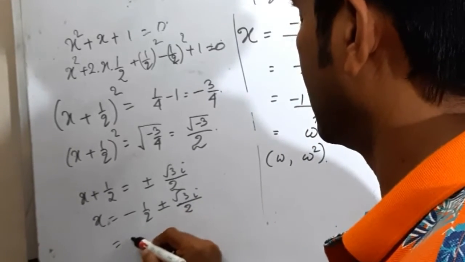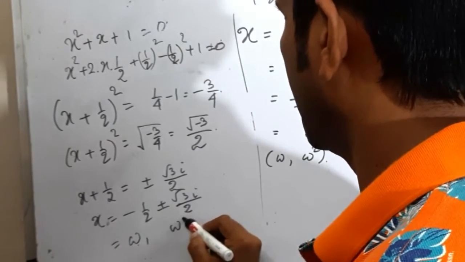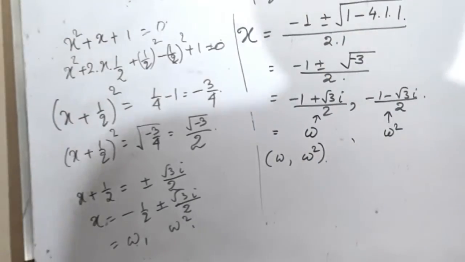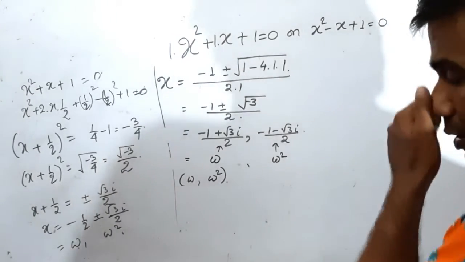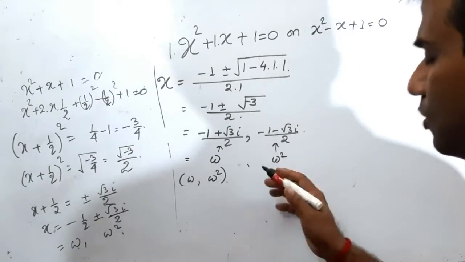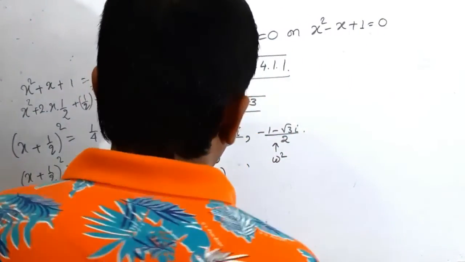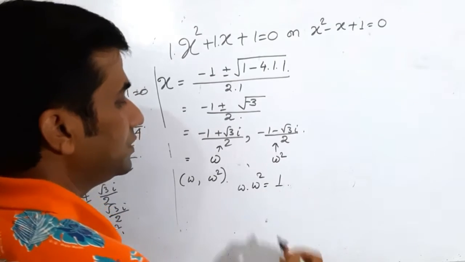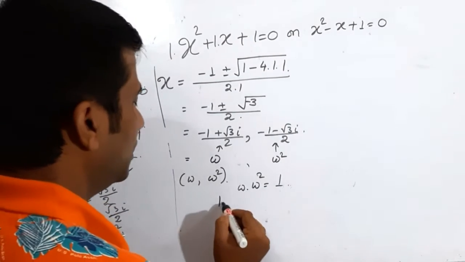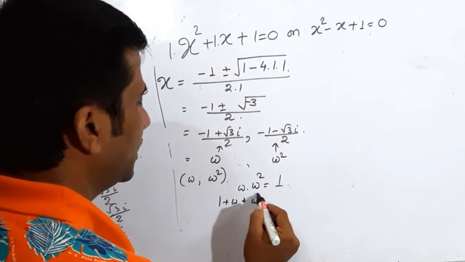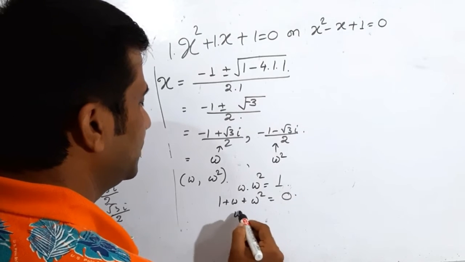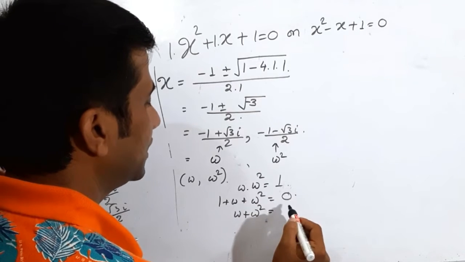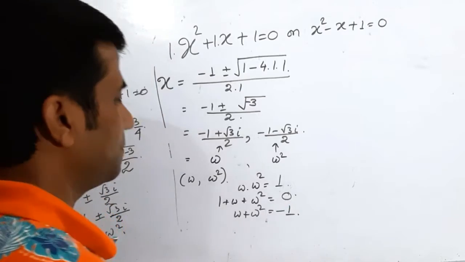So the roots are omega and omega square. Then we know that omega into omega square is equal to 1 and 1 plus omega plus omega square is equal to 0. That means omega plus omega square is equal to minus 1.